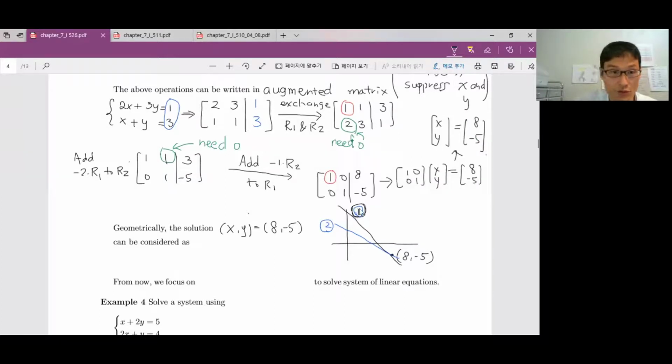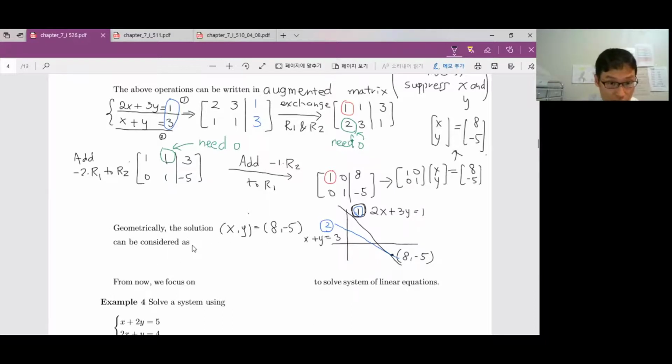You see 2 equations? This is equation number 1. This is equation number 2. And 2 equations will give you 2 lines. 2x plus 3y equals 1. x plus y equals 3. So 2 equations have a unique intersection, and that's our solution.